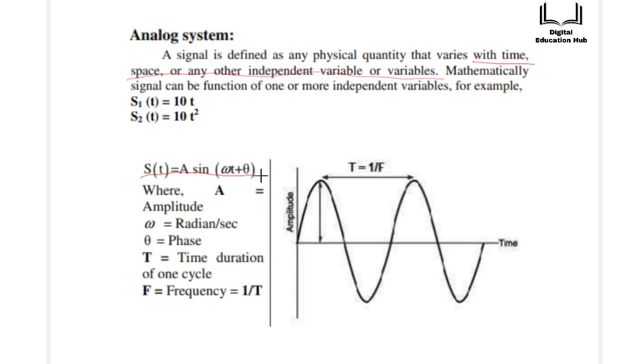What is T? It is 1 upon f, or we can say that frequency is 1 upon T. This T defines the time period for one complete cycle. That cycle is the distance from crest to crest or trough to trough. So this is the analog system.